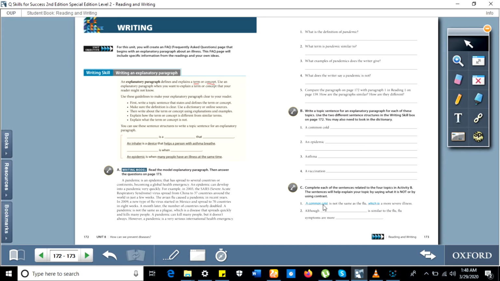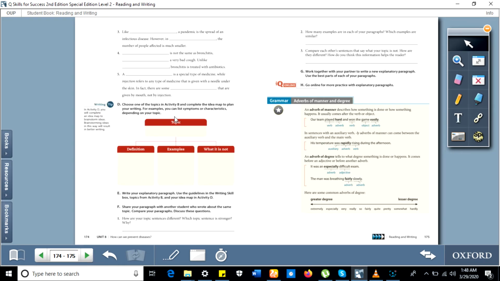For example, here a common cold, so it's about the common cold and things like this, right? And here again you have to create one idea map. You can write any topic here, then create a definition and then an example and then what it's not, right? So like this, and you have to complete this activity D.